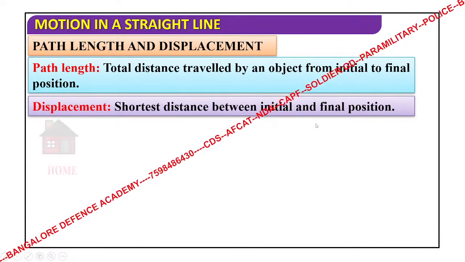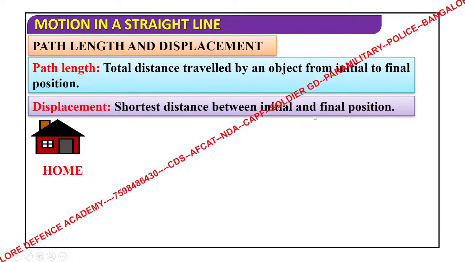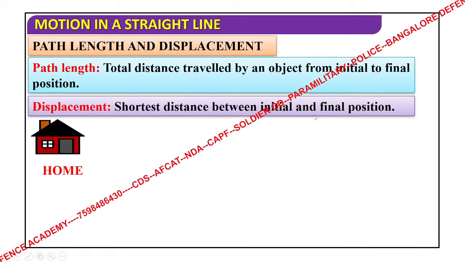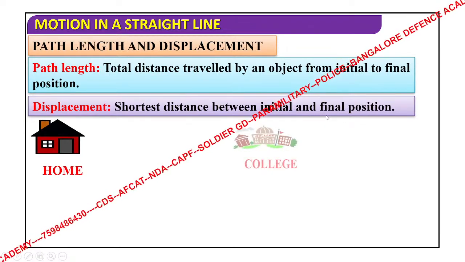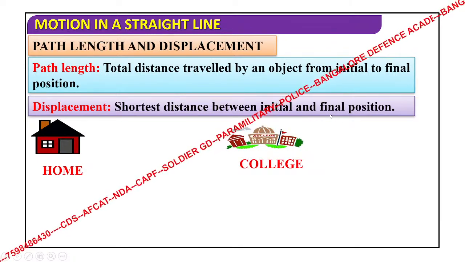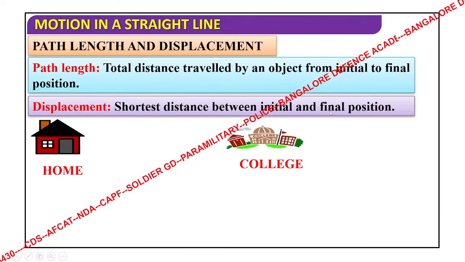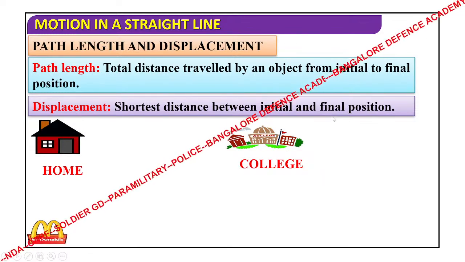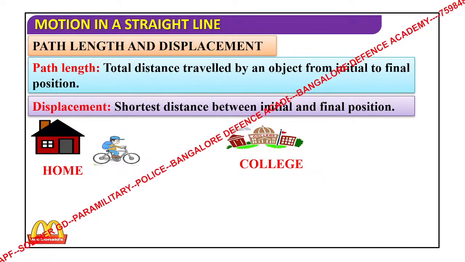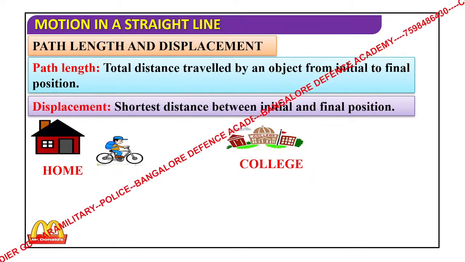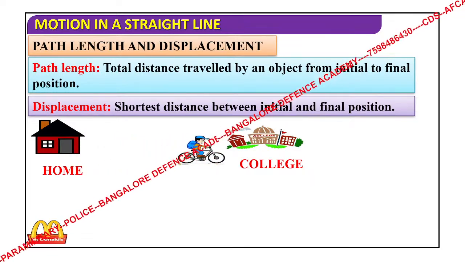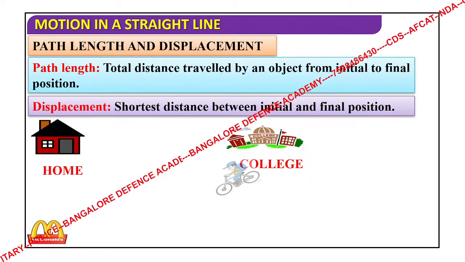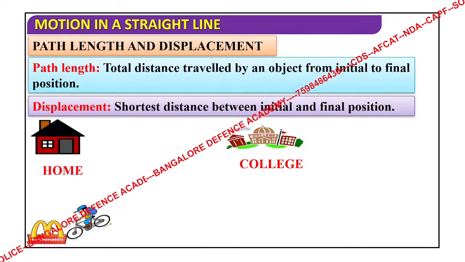Next, imagine this is a home, okay, and a boy is going to travel from his home to college, and after college he goes to McDonald's to have some snacks. So imagine this boy travels from home to college, and then from college he goes to McDonald's and again goes back home.